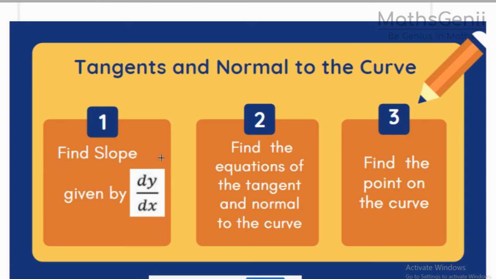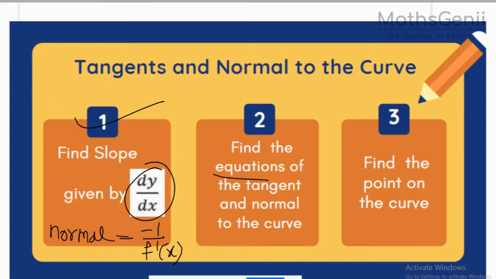For tangent, we saw the slope is dy by dx, and for normal, the slope was just minus 1 upon whatever answer you get for this, minus 1 upon f dash of x. Another type of question is find the equation of tangent and normal. And the third type is find the points on the curve. We are going to look at an example of each of these questions.